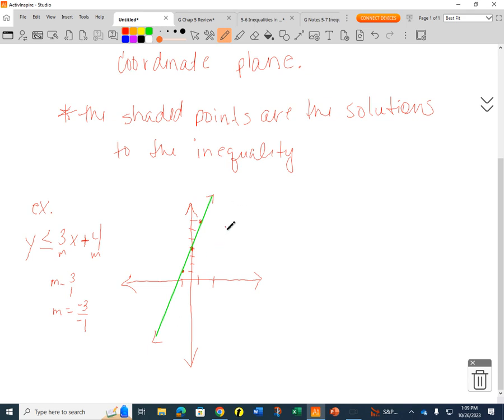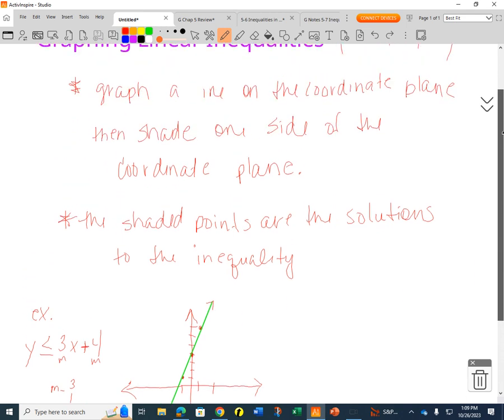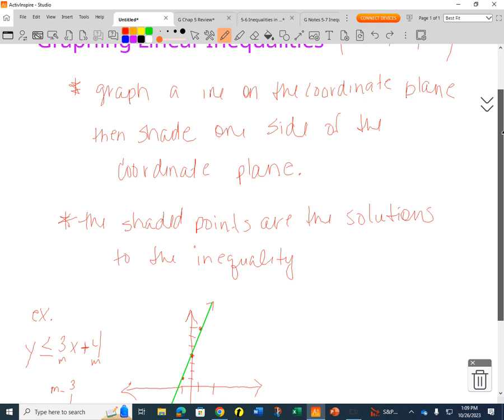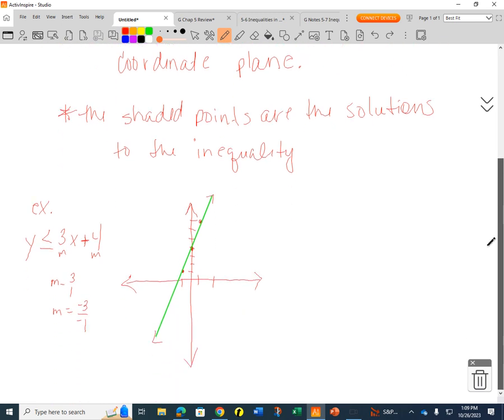But I said this was an inequality. So up here I said we graph a line, but then we have to shade one side of the coordinate plane. So I'm going to shade this side of the coordinate plane. By shade, you're going to use your pencil. I'm going to use this highlighter.